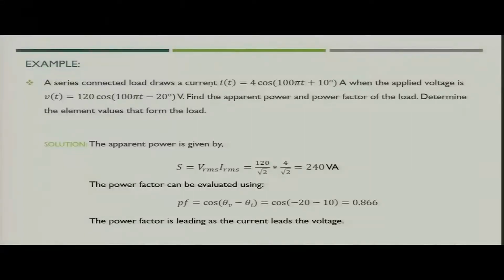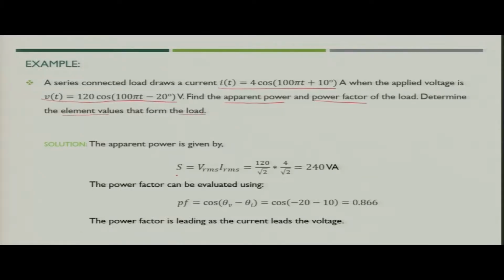Now, let us take one example. Suppose a series connected load draws current given by this expression i(t), when the applied voltage is v(t), that is 120 cos(100πt − 20°). Now, we have to find out the apparent power and power factor of the load and determine the value of the element from the load.